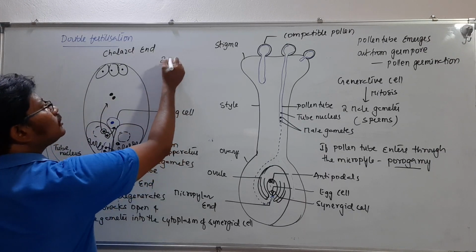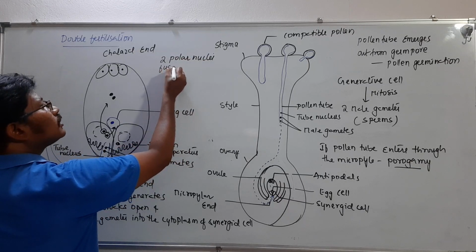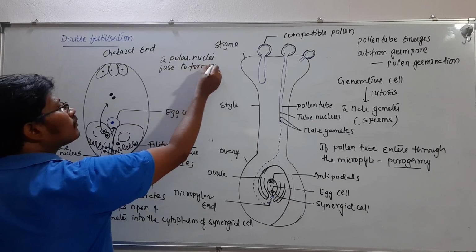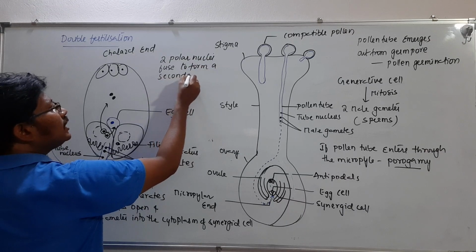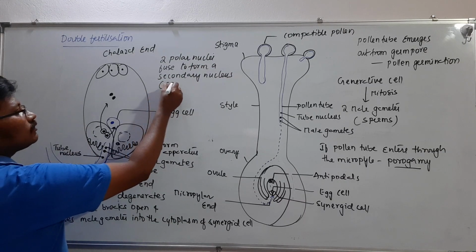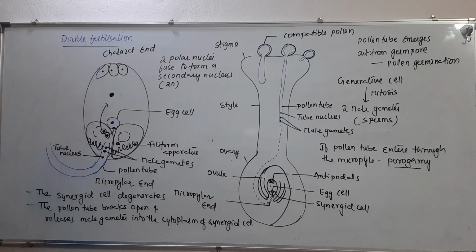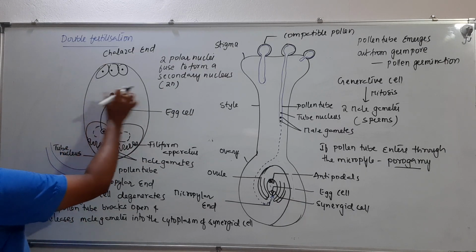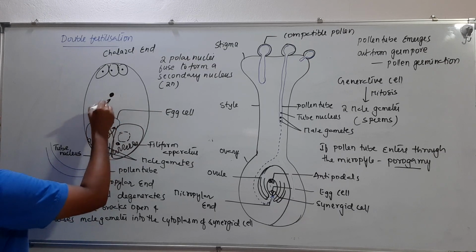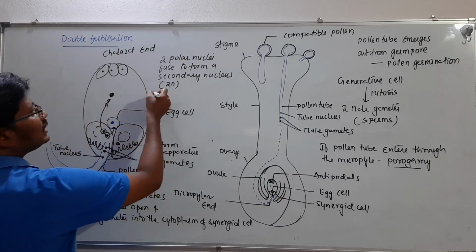The two polar nuclei fuse to form a secondary nucleus, which will become diploid. So this became a single nucleus, called the secondary nucleus. One more sperm moves towards this and fuses with it.